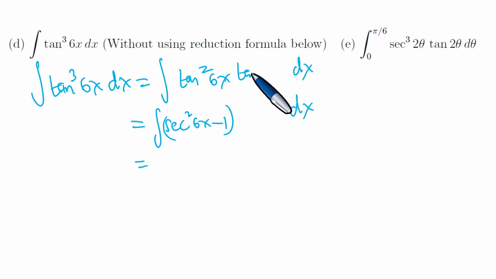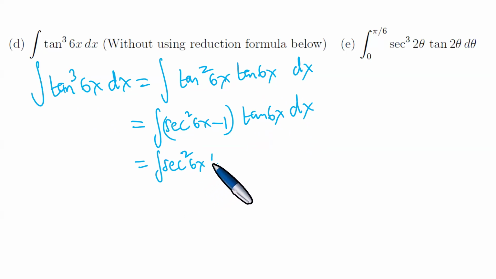So it becomes a tan. All right, so we distribute, which is the integral of sec squared 6x tan 6x dx minus the integral of the tangent of 6x.